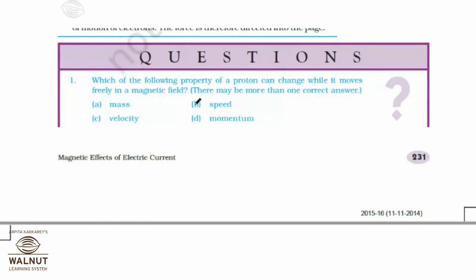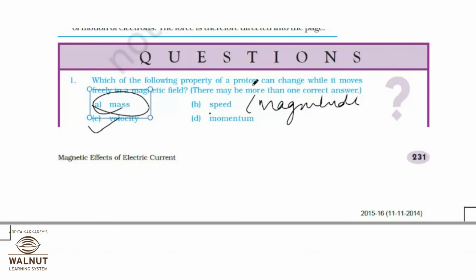Yes, mass is fixed. That is why. Mass never changes. Velocity, speed is not the correct option. Speed is a scalar quantity, it only talks about magnitude. The direction of the proton might also change. Therefore, velocity is a better option. Speed is scalar, velocity is vector.